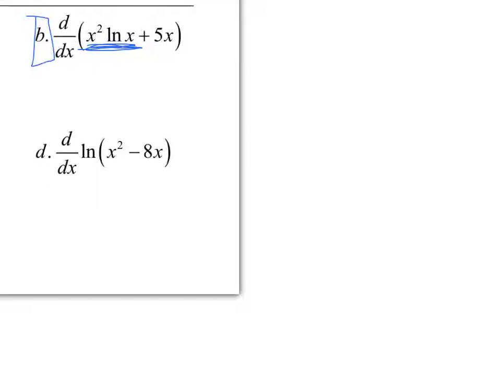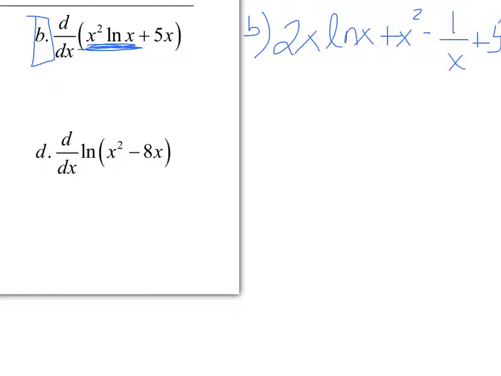Okay, so if we go through this example, the first thing we're going to do for B is that I'm going to take the derivative of x squared, so I'll get 2x ln of x, plus x squared times the derivative of ln of x, which is 1 over x, and then I'm going to add the 5.